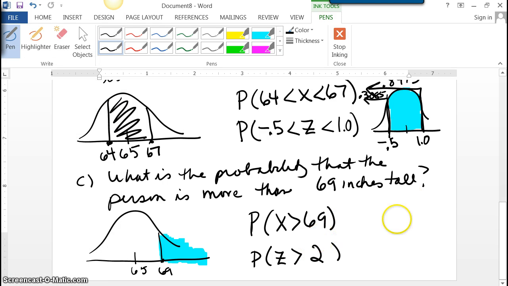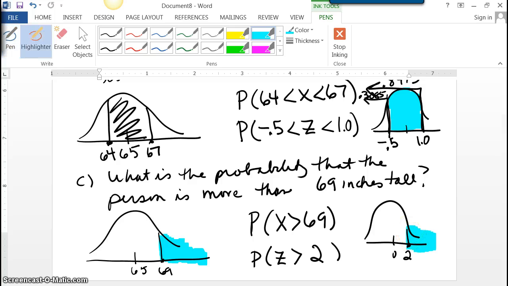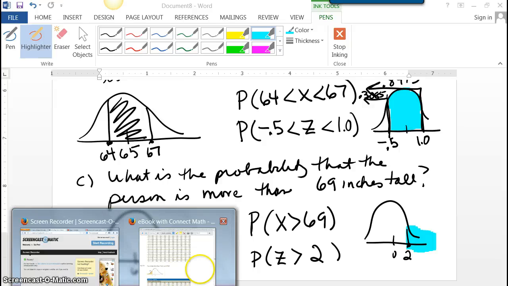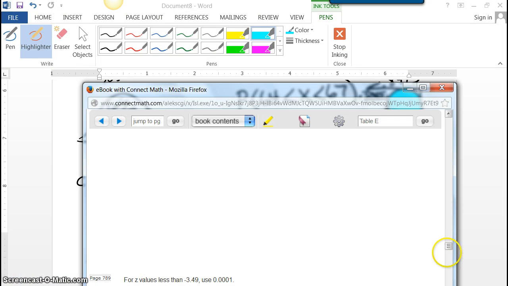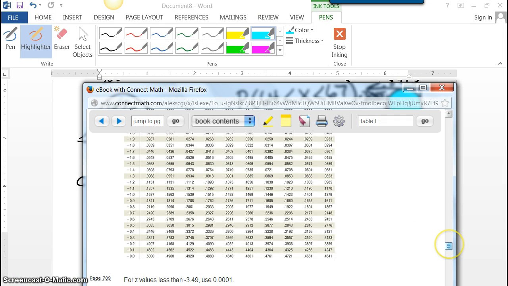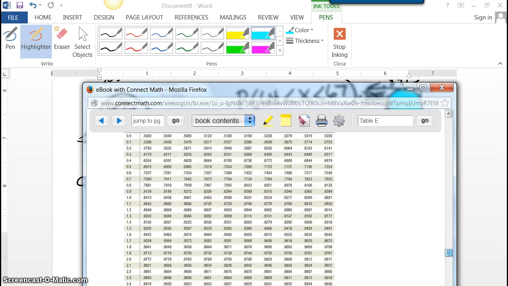So now when I look on the z chart, I actually want this part over here. So I'm looking up a z of 2. Let me go to the chart. When you look up a z of 2, you're really going to get the area to the left of the 2.